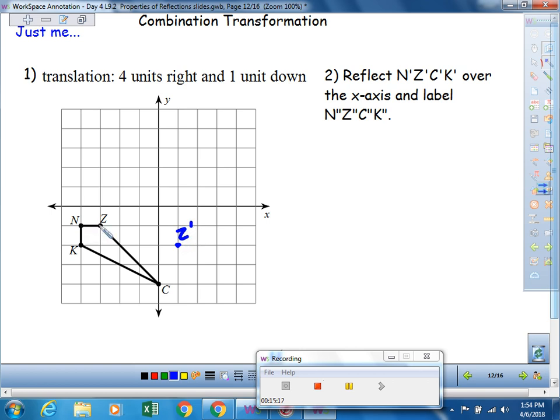N prime, K prime, C prime, the same way. And then connect your points.